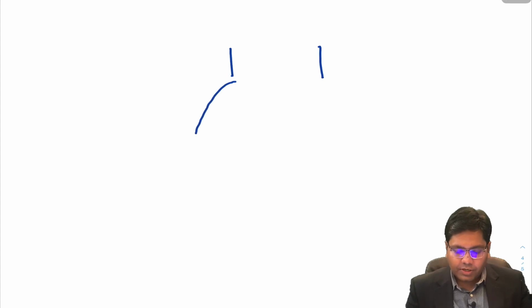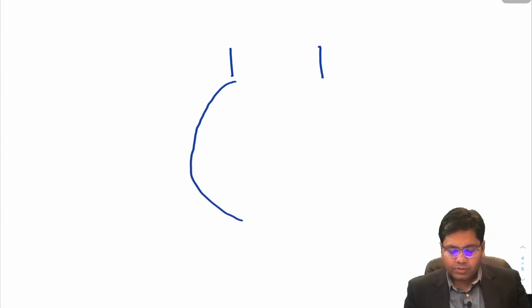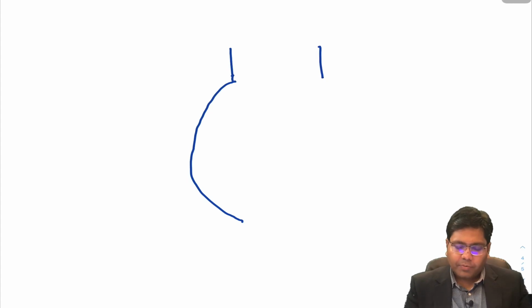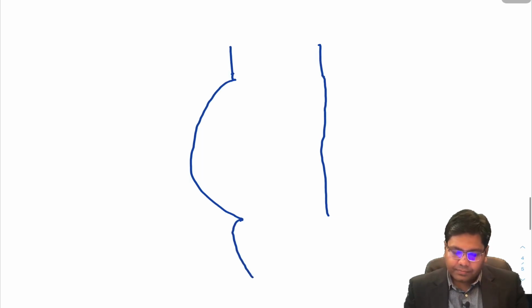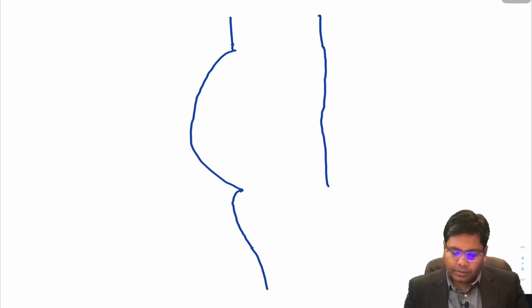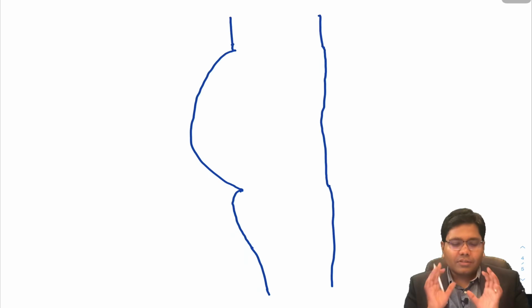From the lateral view, this is your midbrain. There is a bulge here, that is the bulge of the pons, anteriorly, but posteriorly it's kind of flat. And there is a little bulge of the medulla oblongata. So this is from the lateral view.